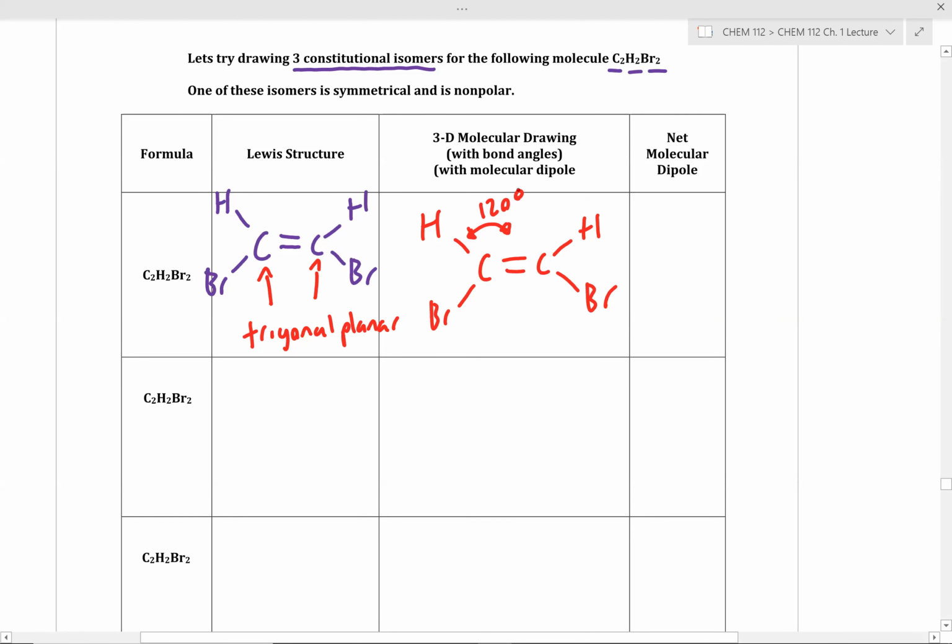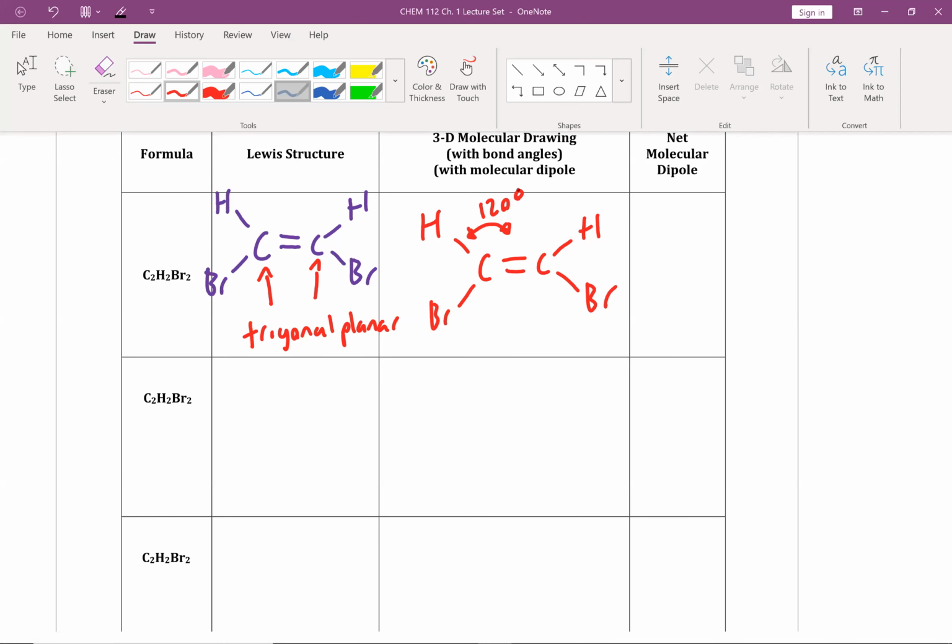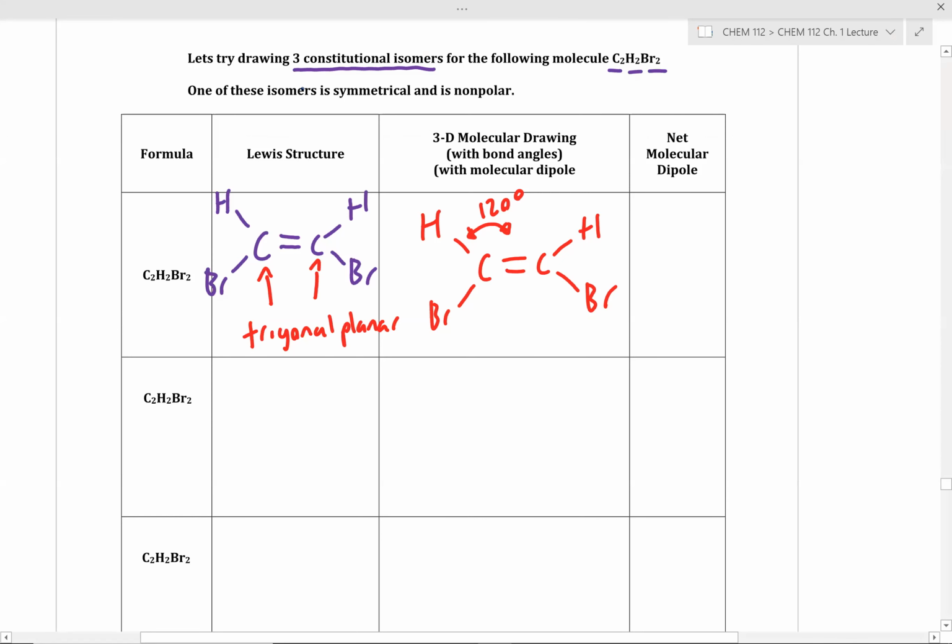Now let's think a little bit about our bond polarity. Which bonds are polar in this molecule? Yep, the carbon-bromine bond. And what direction will this dipole point? What's more electronegative, carbon or bromine? Bromine, yep. So we're going to draw our dipole pointing towards bromine.